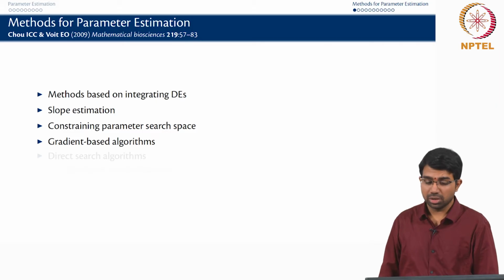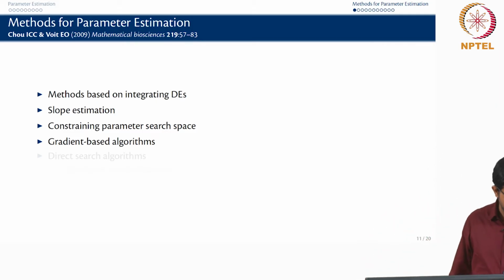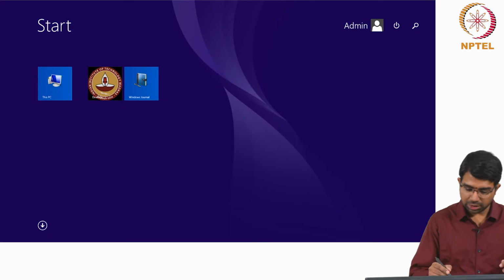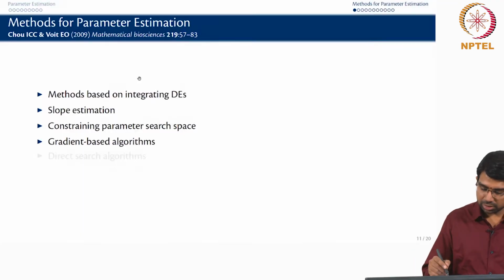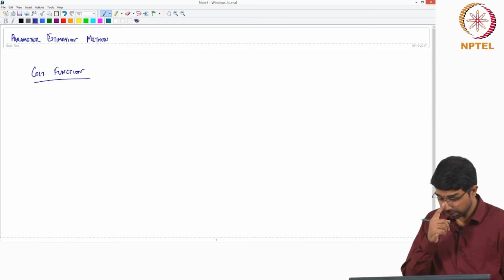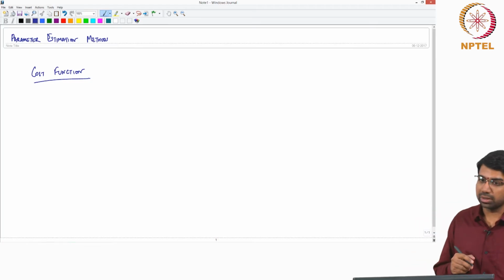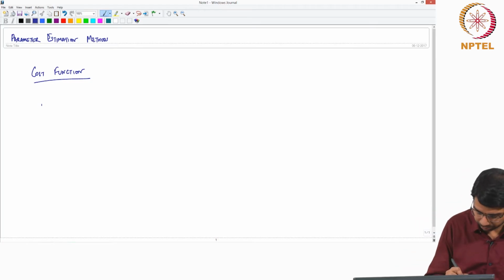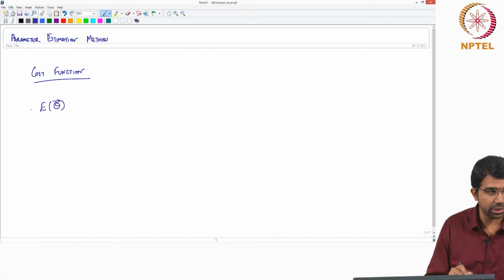Remember, the cost function was nonlinear, and to recap, let us call it some error E of theta, where theta is a vector.